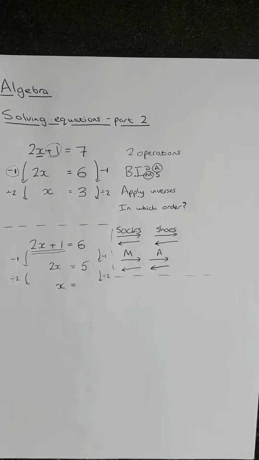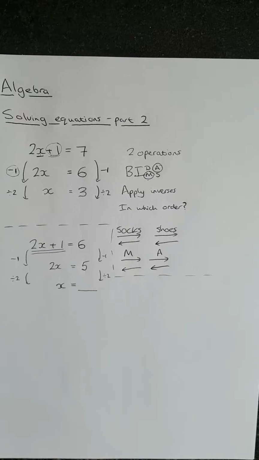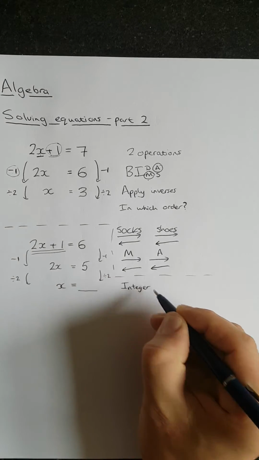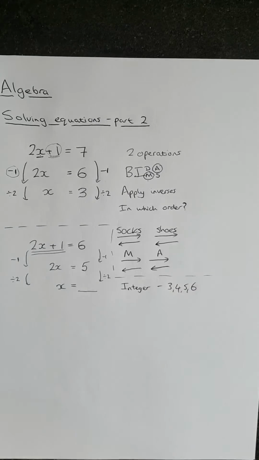Can you see now why I chose this example? The answer I'm going to get here is not going to be a nice one. It's not going to be an integer value. It's not going to be 3, 4, 5, 6.